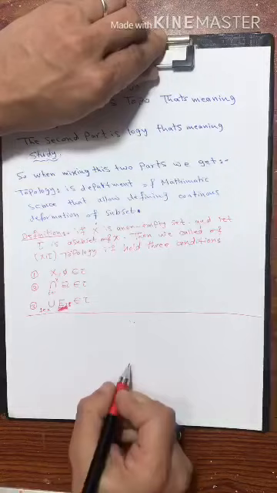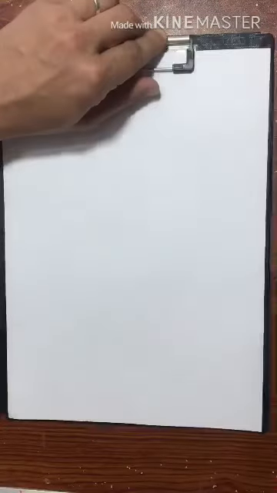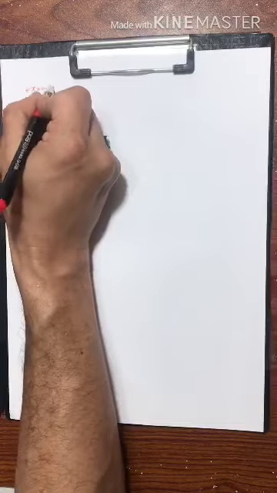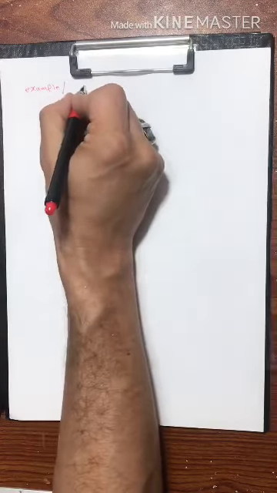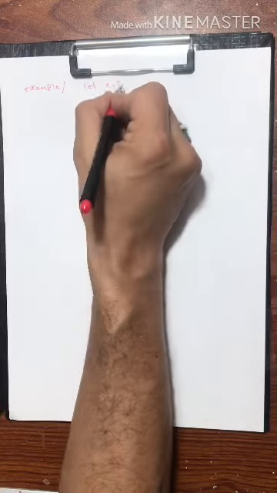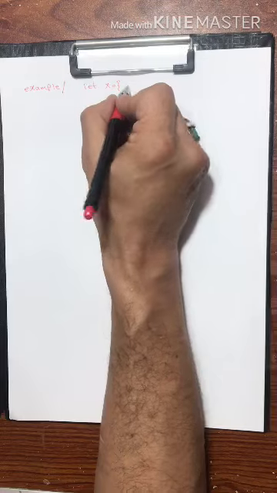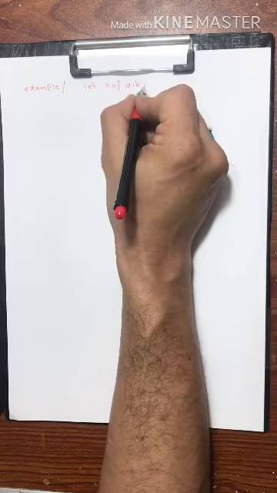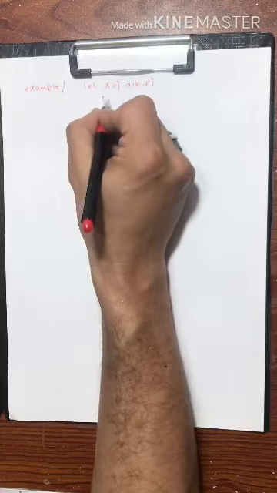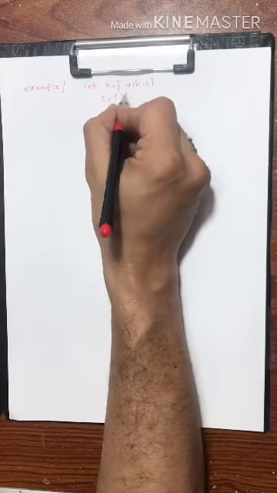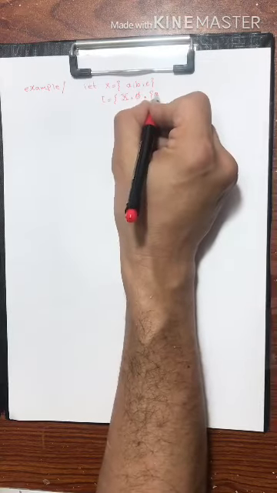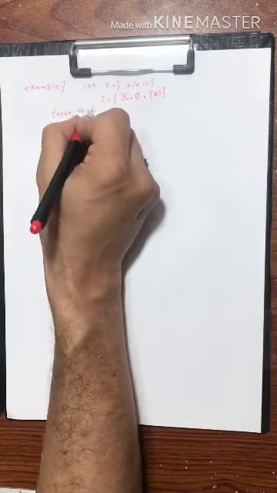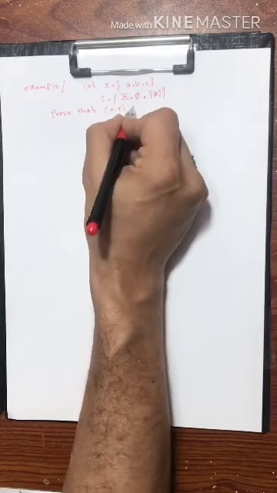Let's get an example. Let X be the set {A, B, C} and let tau contain X, phi and the subset A. Prove that (X, tau) is a topology.